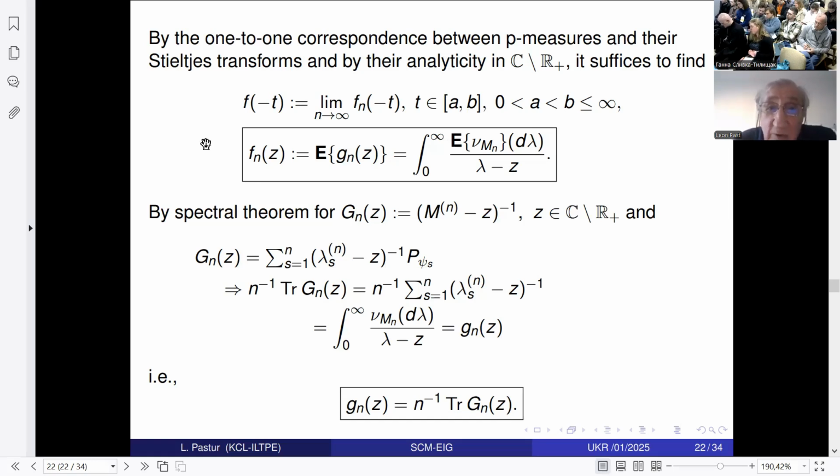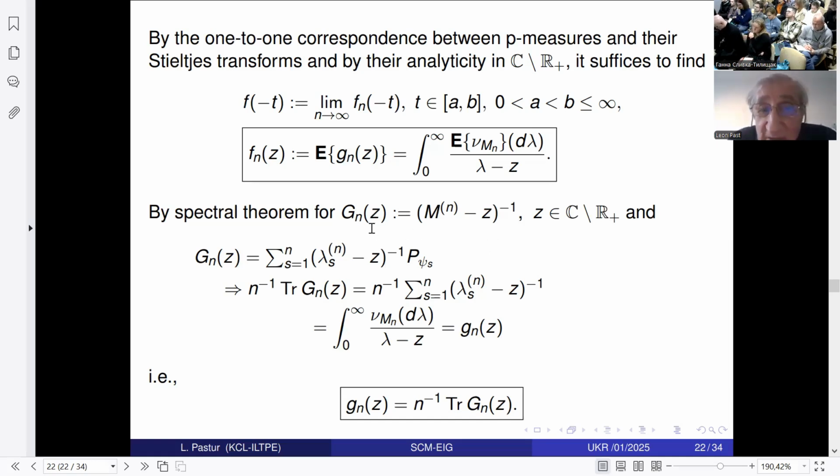Now, here is the place where I would like to pass from the Stieltjes transform to the resolvents. Let us recall, what is the resolvent? It is this matrix. It is well defined outside of the spectrum of Mn, that means everywhere in the complex plane with a cut on the positive semi-axis.